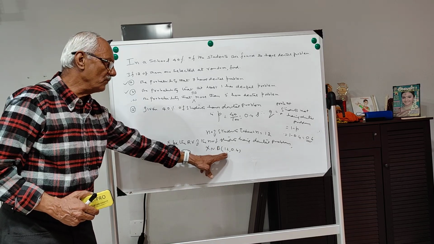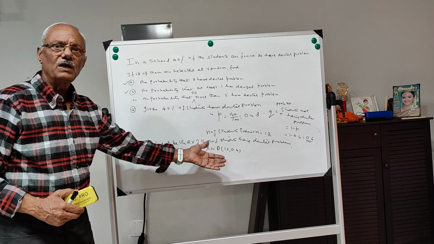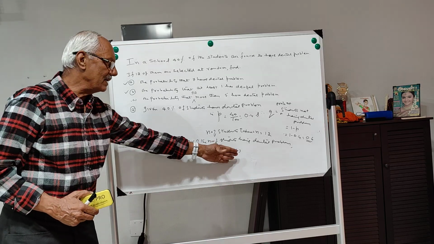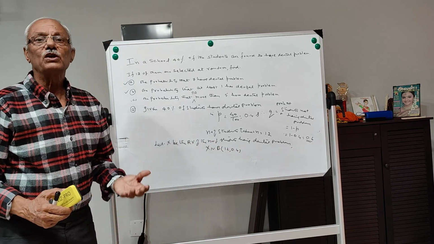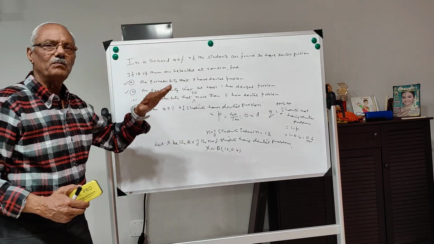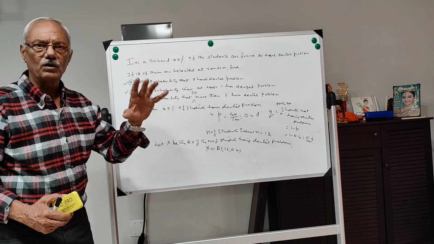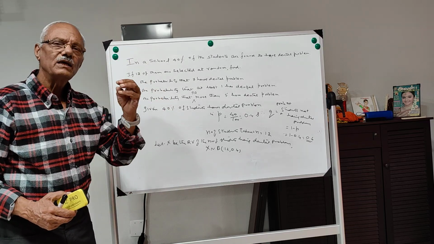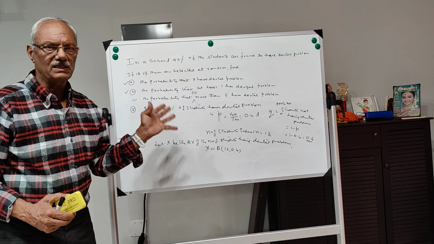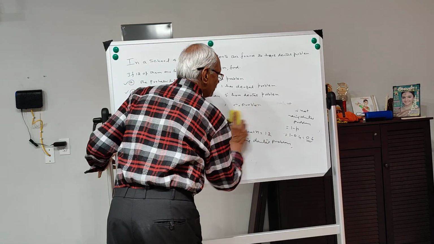The number of trials is 12, that is, the number of students taken for examination is 12, and the probability of a student to have the dental problem is 0.4. So these are the main data that we are having. Now we can just simply solve. It is easy now to solve any problem that is asked in this. Okay. Now let us start doing this.